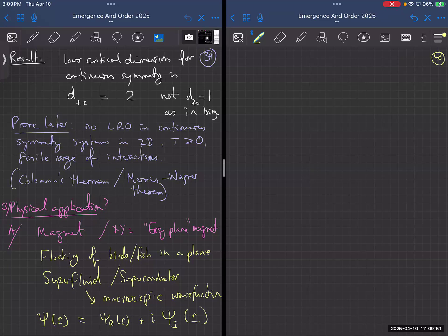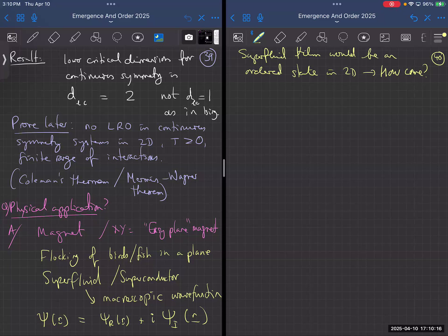So a superfluid film would be an ordered state in 2D. How come? We will talk a little bit about that later in the class.